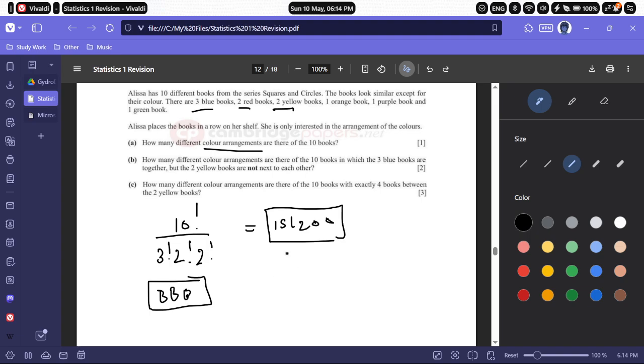So the total cases would basically be you have this and then 3 Bs and then you have 7 left. Wait, hold on, my bad. Just keep in mind that don't forget to treat the block as one item as well.